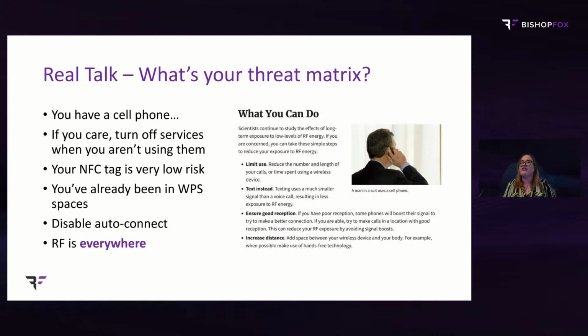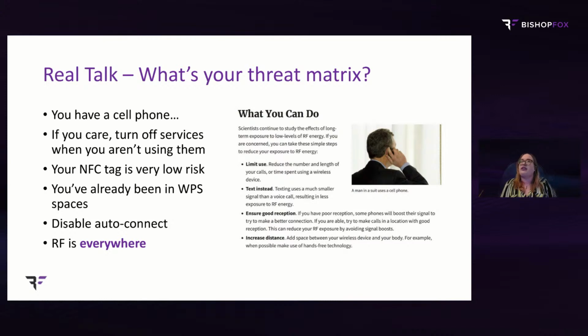There's no way for a cellular provider to be able to give you service without knowing where or approximately where the device is. So if you care, turn off services when you aren't using them. This goes for Bluetooth. If you're concerned about your Bluetooth broadcasting, then turn it off. Your NFC tag is very low risk.